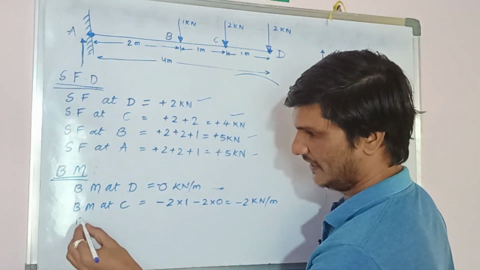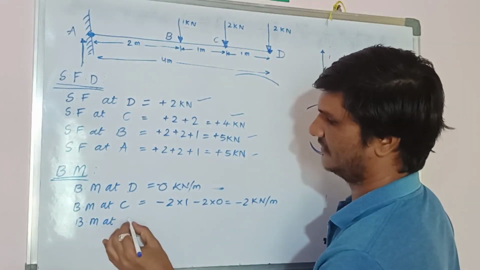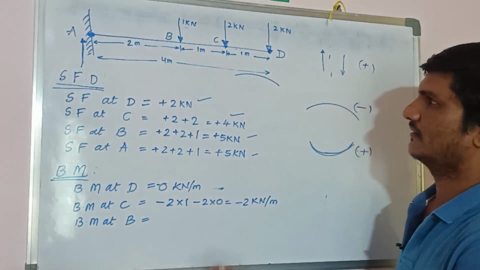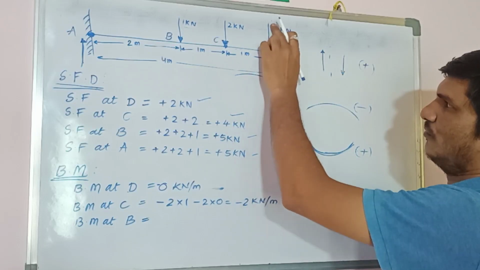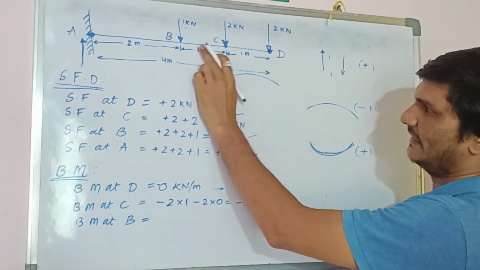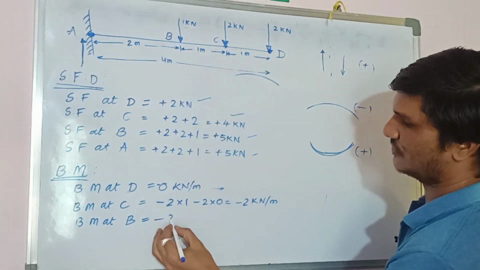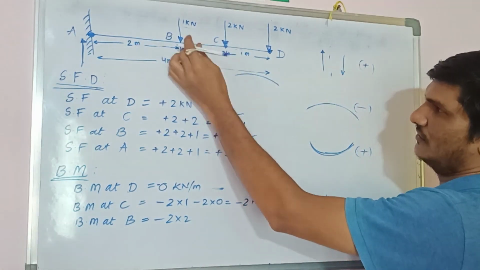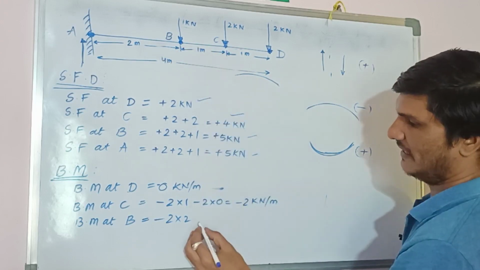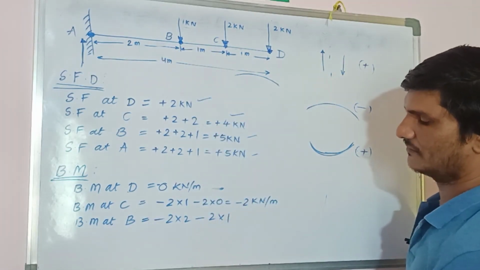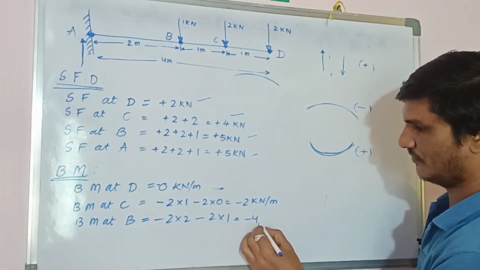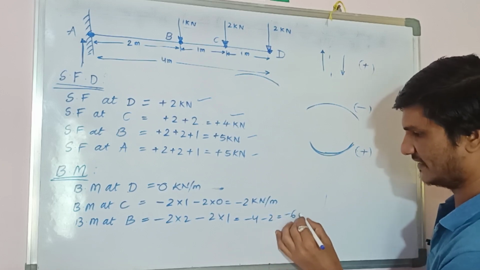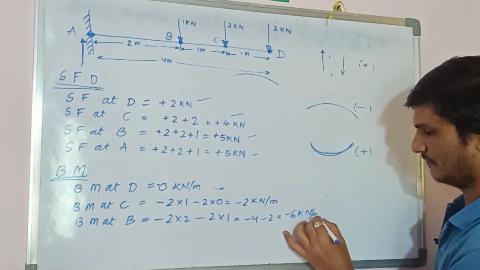Now the bending moment at B. At this point, one load is 2 kilonewton at a distance of 2 meter, so minus 2 into 2, again 2 into 1, so minus 2 into 1. It is minus 4 minus 2, you will get minus 6 kilonewton meter.